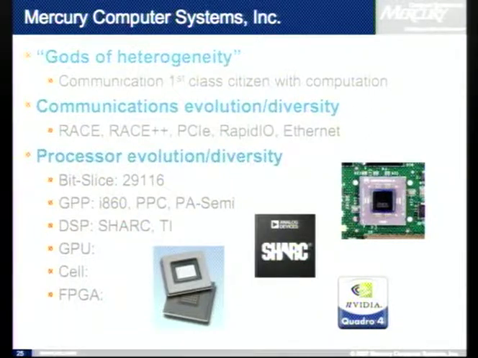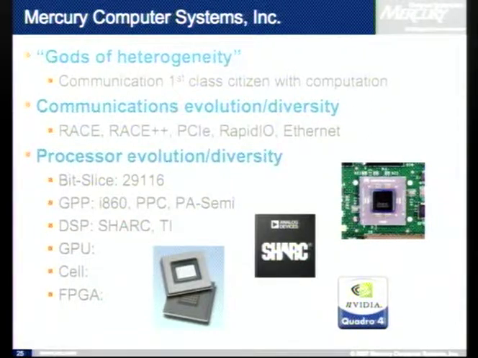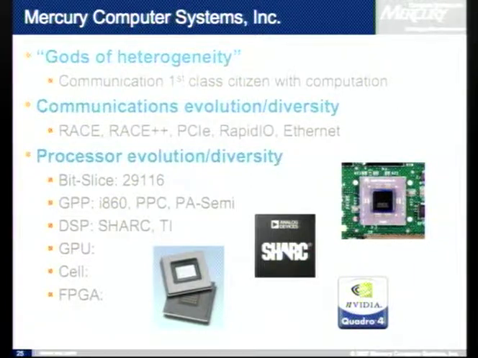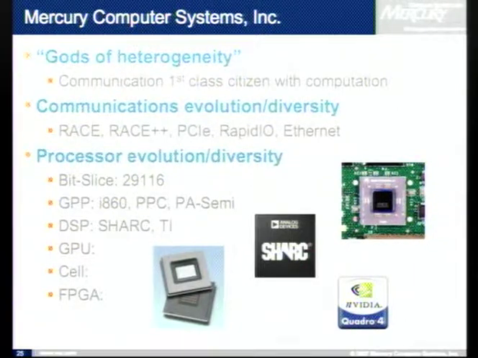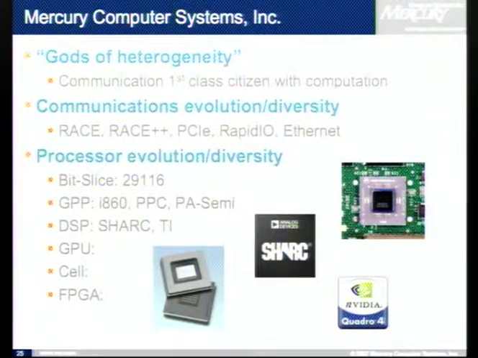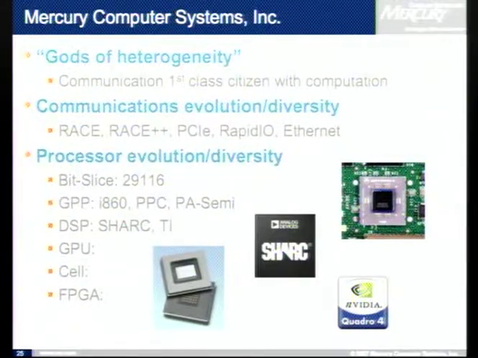And the company, I believe, has grown based on their embracing heterogeneity from day one. As time marched on, the bit slice was replaced with other processors, some DSPs, but to the point today where GPU, Cell, FPGA, polymorphic computing architectures like Monarch are connected together over various communications channels.